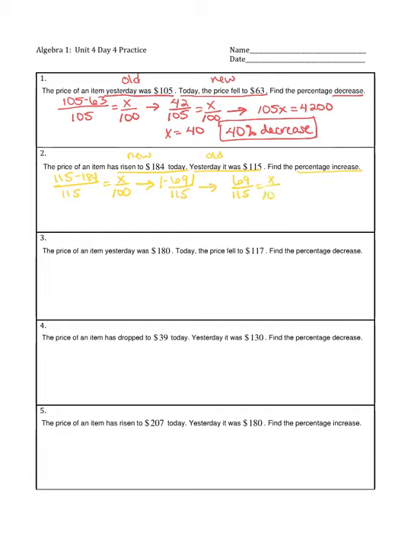So 69 over 115 equals x over 100. 115x equals 6900. Alrighty. Divide both sides by 115. X equals 60. 60% increase.